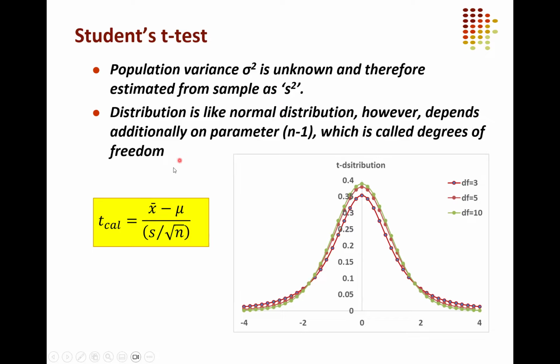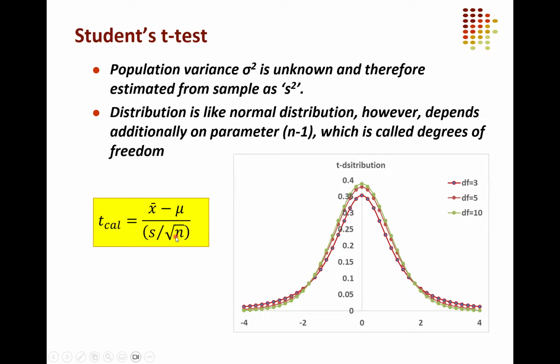Therefore, if we see the expression of the t calculation, it is like the z-score calculation. So you can notice here is x bar minus mu. The numerator is same as it was in z-score, but over here the sigma, the population standard deviation has been replaced by s, which is estimated from the sample.